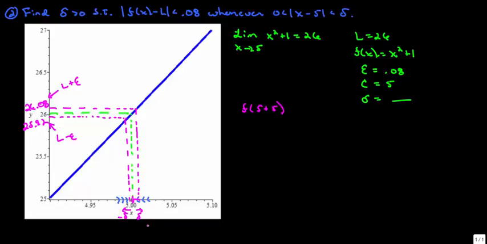So from 5, if we go to the right, we know that 5 plus delta, the function evaluated at that, has to be less than 0.08. So if we solve this, the function of 5 plus delta is 5 plus delta squared plus 1, and that's going to be less than, not 0.08, it's got to be less than 26.08.